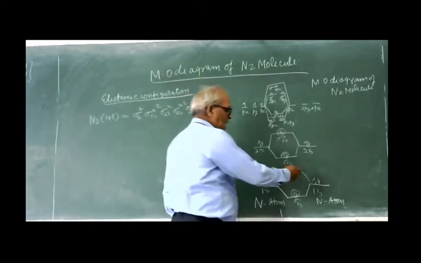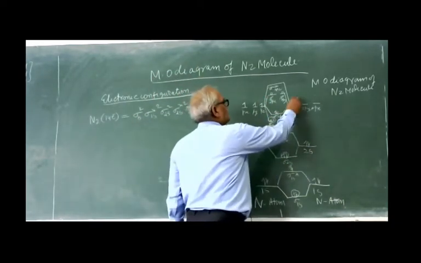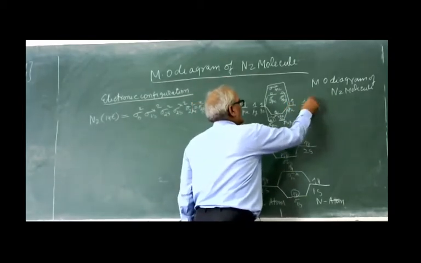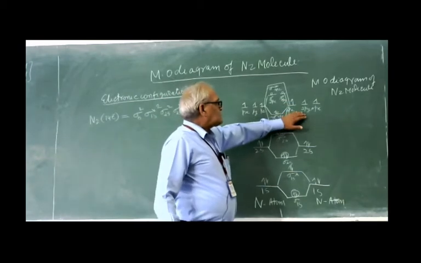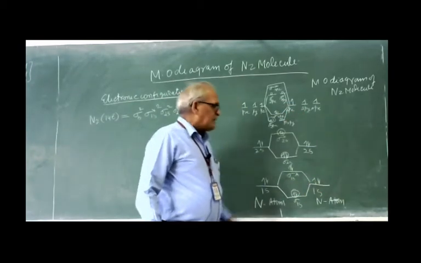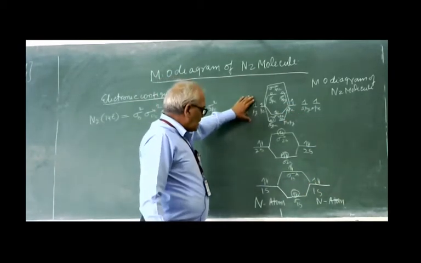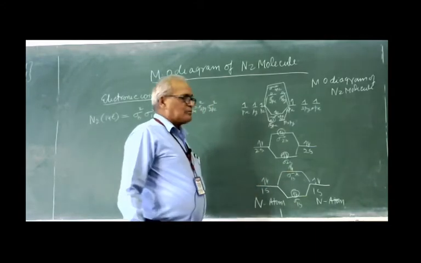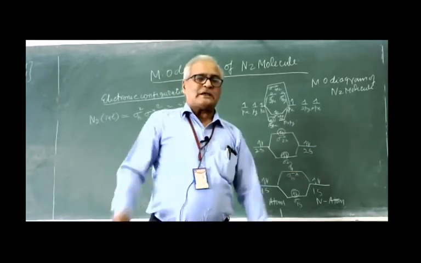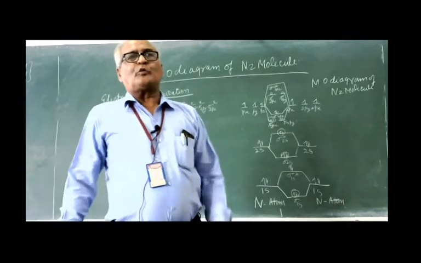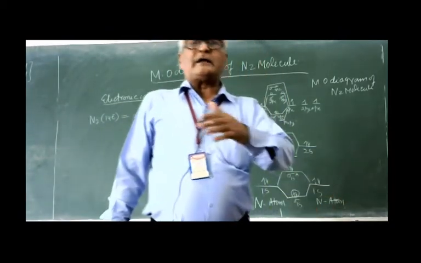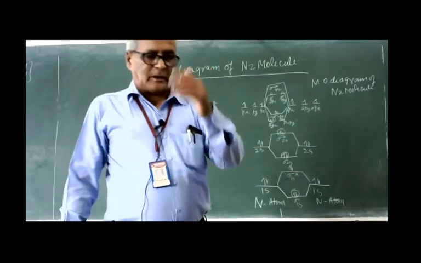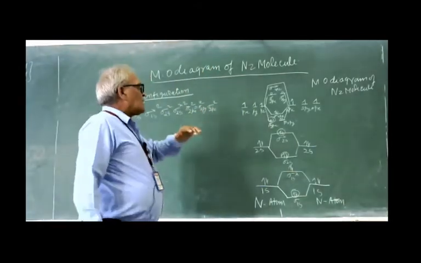Similarly, there is another nitrogen atom with 1 electron in each p orbital. So the p orbitals of this nitrogen atom and the p orbitals of this nitrogen atom overlap upon each other in such a way as to form bonding and anti-bonding molecular orbitals.